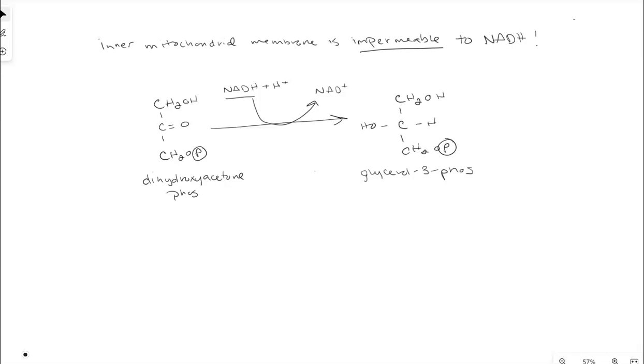Now, this metabolite is going to be reoxidized by the FAD-dependent mitochondrial membrane enzyme to reform dihydroxyacetone phosphate and enzyme-bound FADH2. And that looks like this. So the glycerol 3-phosphate is going to interact with the enzyme in, well, let me draw this in here.